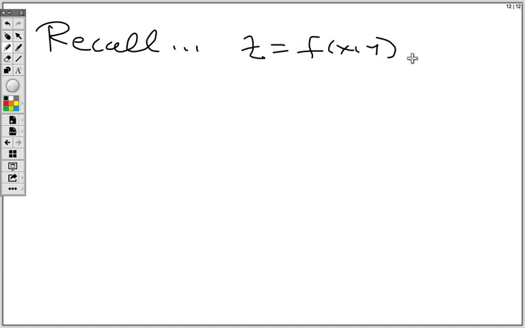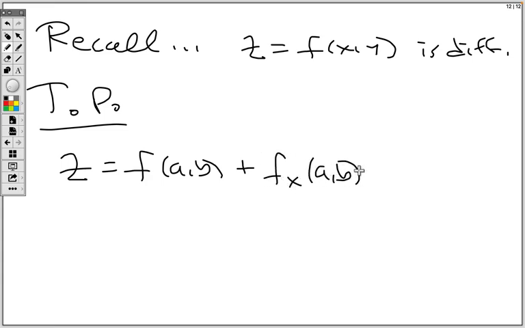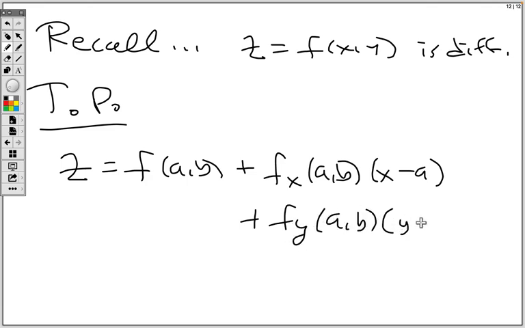Now, we had a tangent plane before, though. So recall, if z equals f of x, y is differentiable, then we had the tangent plane equation here. z was equal to f at (a, b), which is your initial z value, plus your rate of change in the x direction times x minus a, plus your rate of change in the y direction times y minus b.